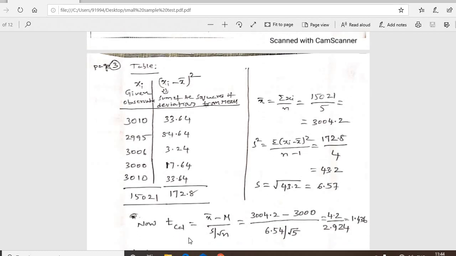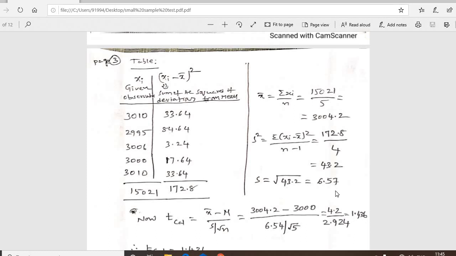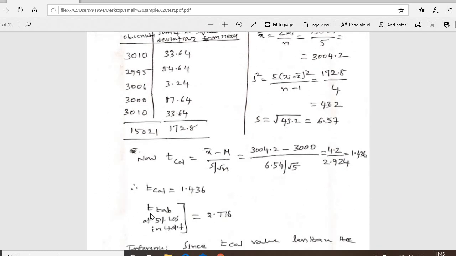Now calculate the T value: x bar minus mu by s by root n. Put in the x bar value, the mu value, and the s value by root n. We get our calculated T value. Now compare it with the table value. The table value at 5% level of significance with n minus 1, that is 4 degrees of freedom, is 2.776.